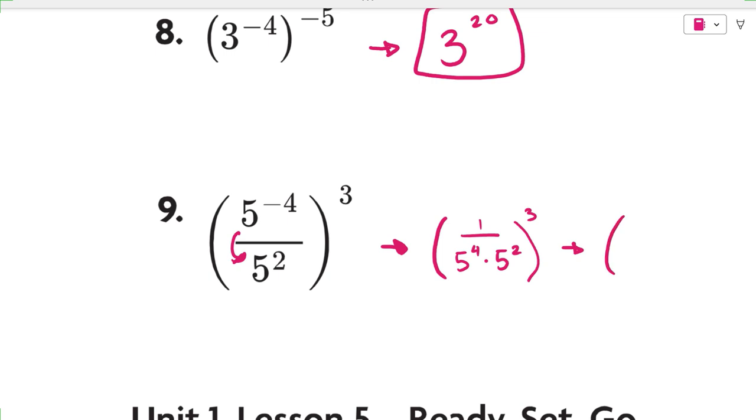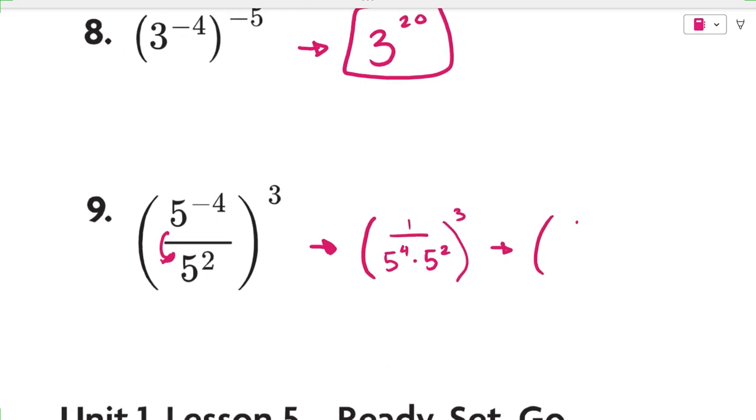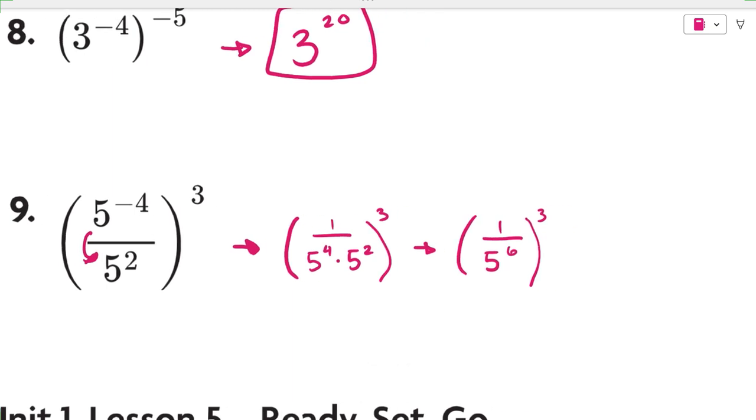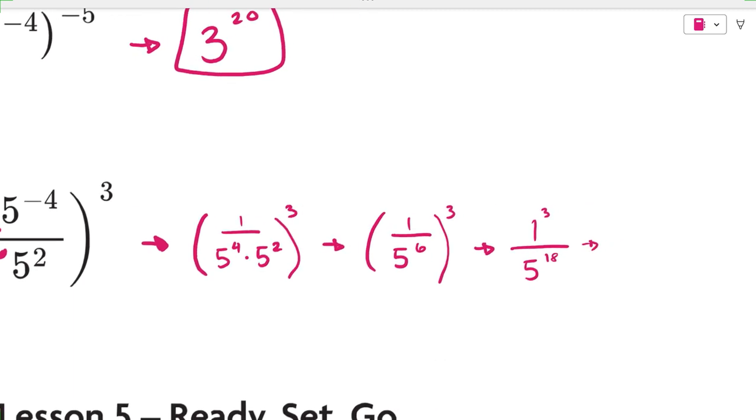Now I'm going to combine my 4 and 2 with addition. 5 to the 4th times 5 squared becomes 5 to the 6th. And this whole thing is still being cubed. So when I cube something, I cube the top and bottom. So I get 1 cubed over 5 to the 6th cubed, which becomes 5 to the 18th. But 1 cubed is just 1. So 1 over 5 to the 18.